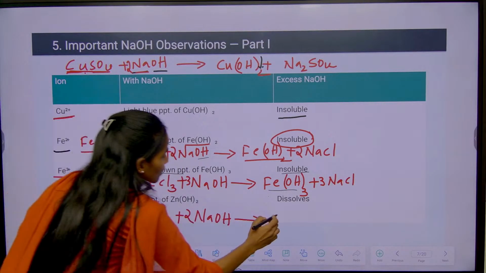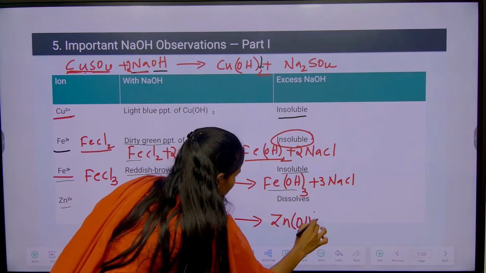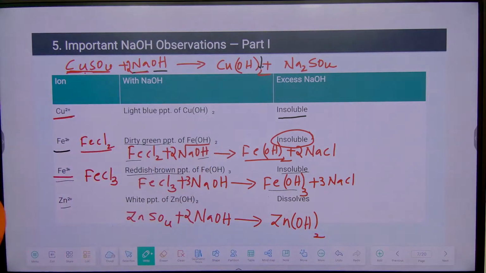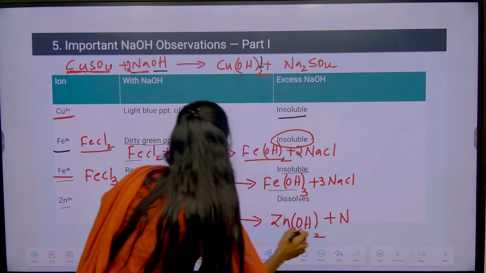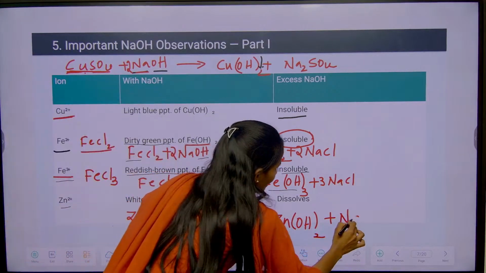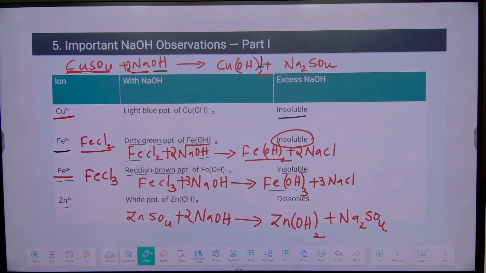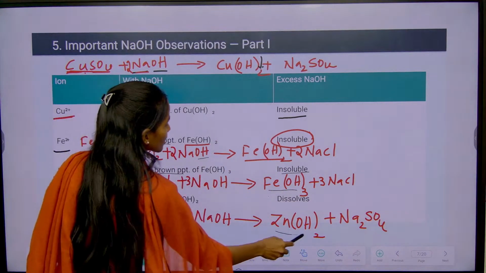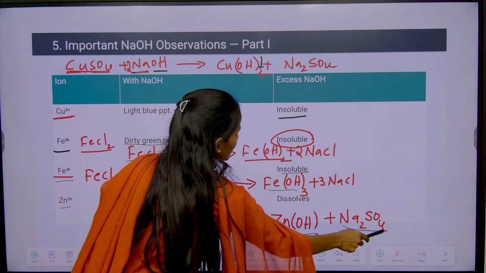Zinc reacts with OH, forms a bond with OH, and we will get Zn(OH)2. Along with that, what else will we get? Sodium and sulfate, we will get sodium sulfate, Na2SO4. So this zinc hydroxide is our precipitate, and Na2SO4 is the salt.